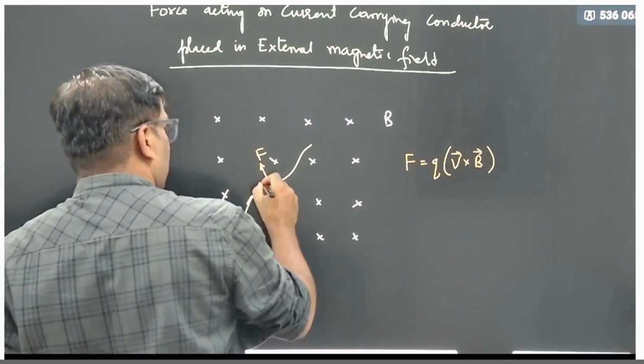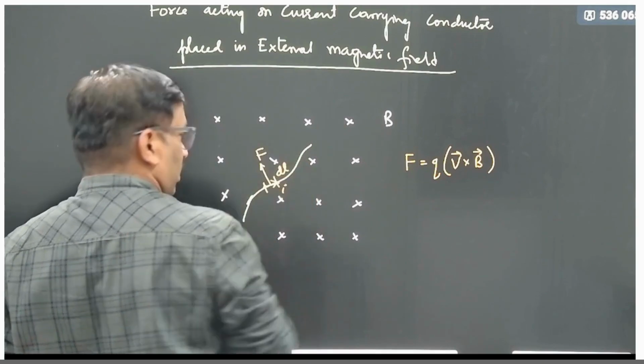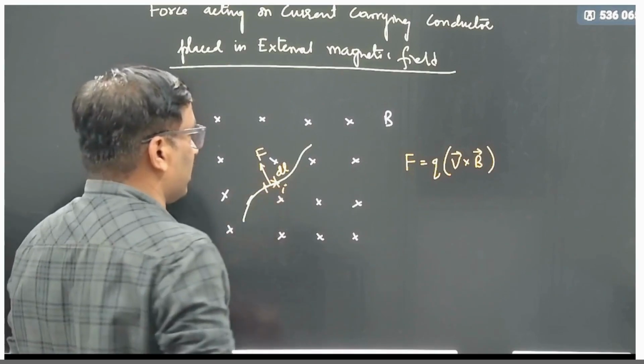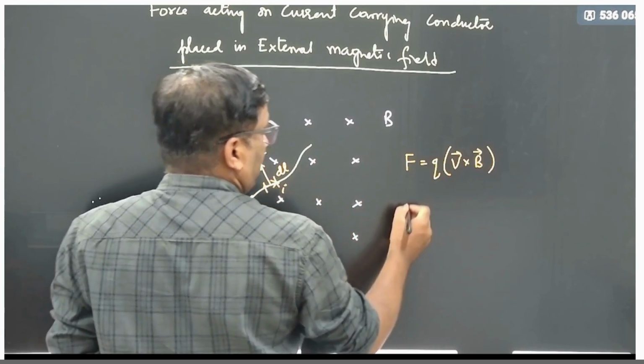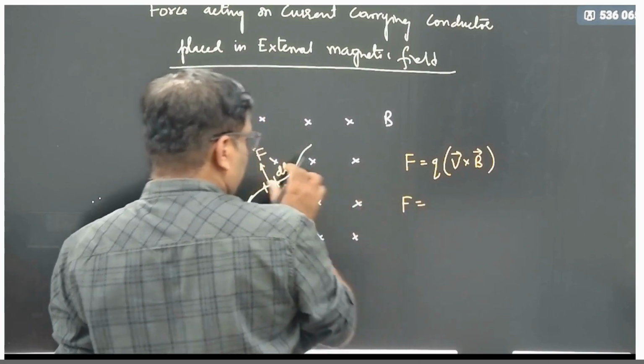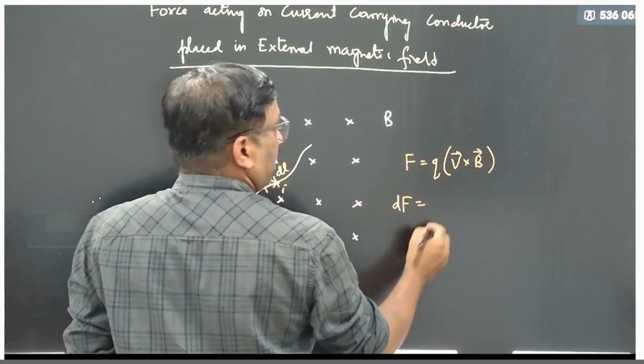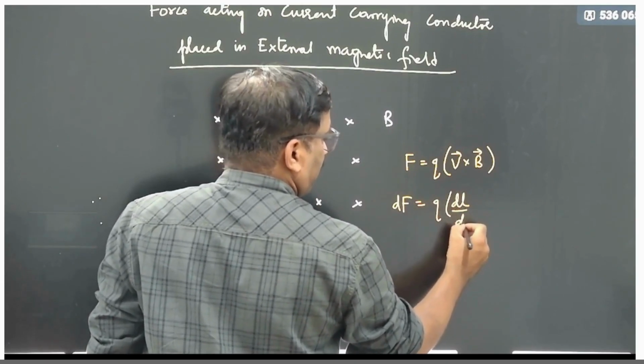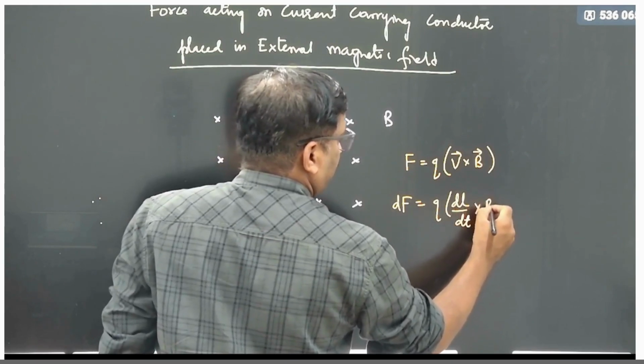We can take one small element dl, which is crossed in time dt. So we can rewrite it as a small force dF equals Q into dl by dt cross B vector.